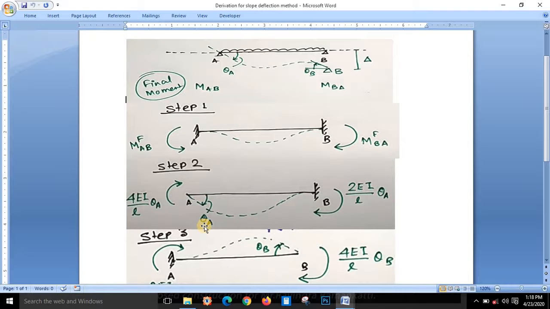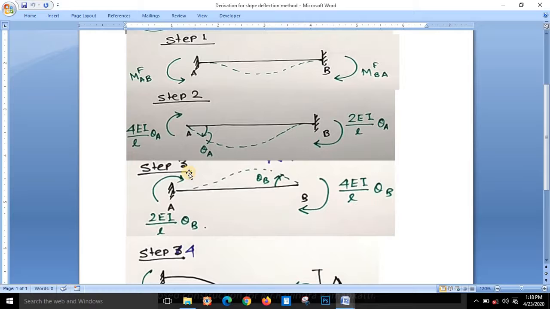After releasing this joint, the moment due to theta A at this point will be 4 EI by L, and similarly at joint B it is 2 EI by L into theta. Now I am going to keep this end A fixed and release end B, and similar to step number 2 we get step number 3.